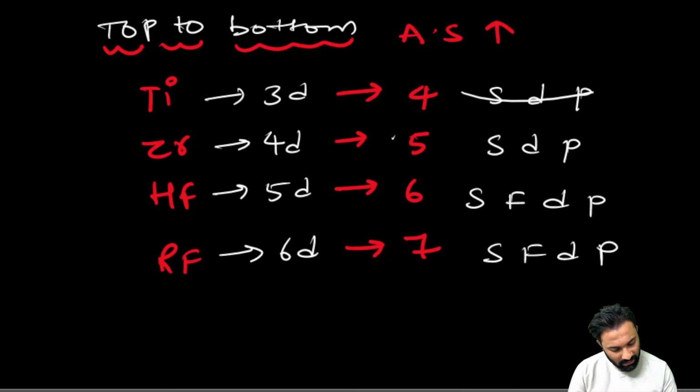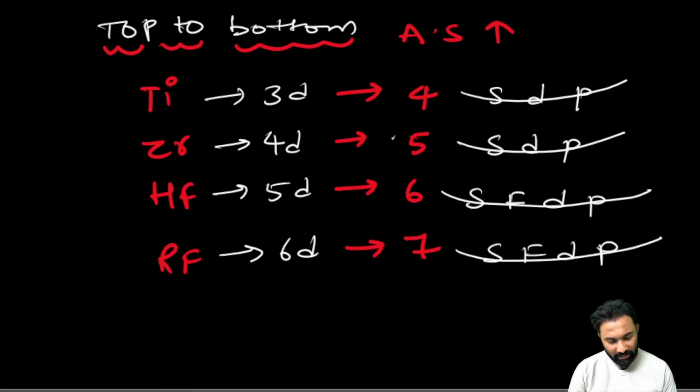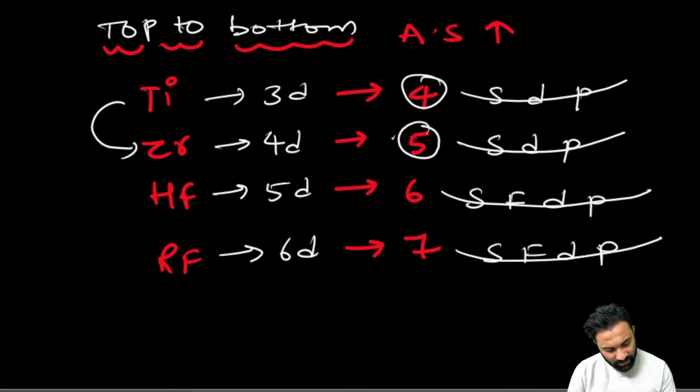In this manner the electrons will enter. Now you can see, when we move from the 3d series to the 4d series, both have the same shielding effect: s, d, p. So there is no exception, and obviously the size will increase.